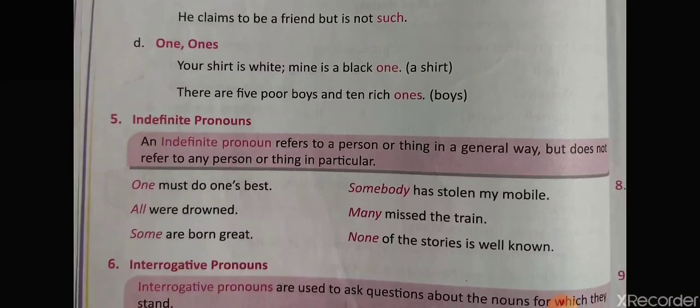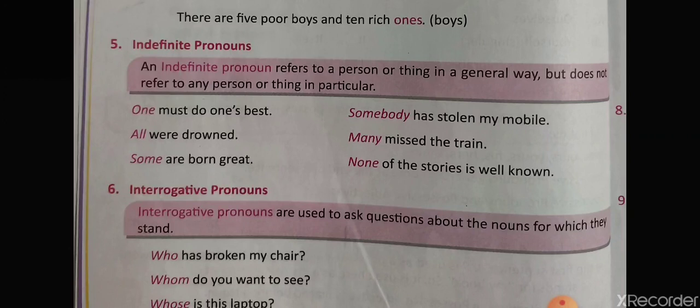Next is indefinite pronoun. So indefinite pronoun refers to a person or a thing in a general way but does not refer to any person or a thing in particular, right? It means, for example, if I'm standing in front of the class and I am talking about something in a very general way, I am not talking about a particular thing, like somebody has stolen my mobile or somebody is talking.